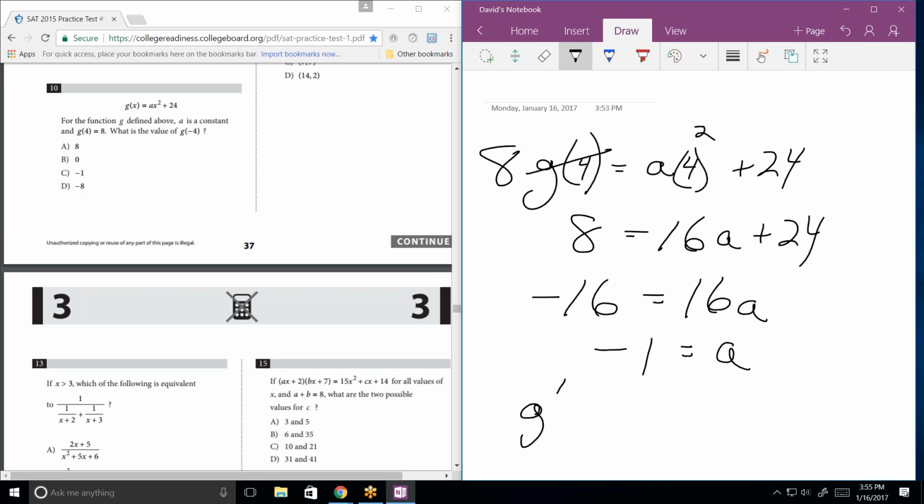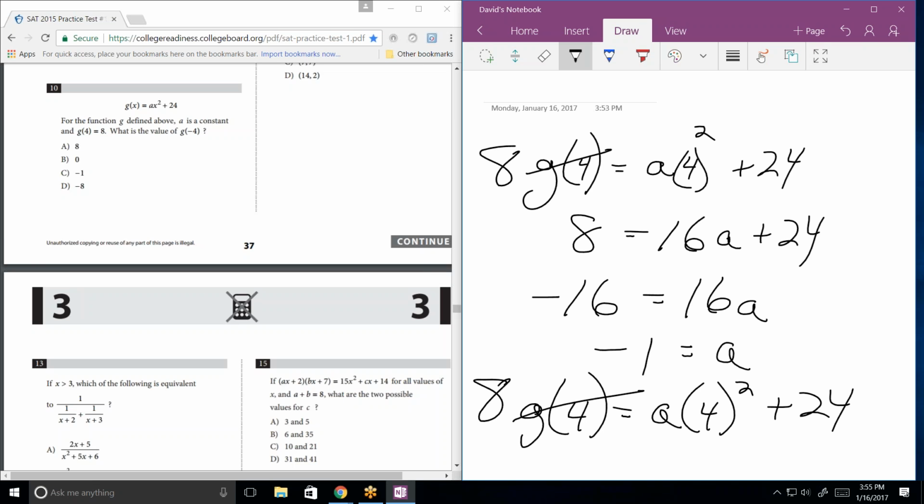G of 4 is going to be A times 4 squared plus 24. That allows me to solve for A. G of 4 is 8. So 16A equals minus 16. So A is minus 1, but that's not what they're asking for.